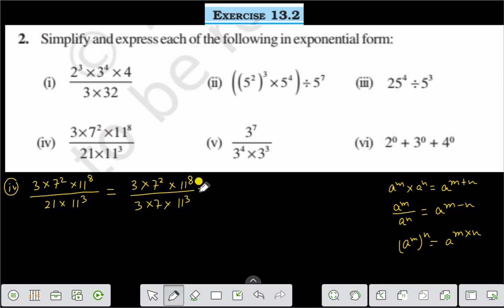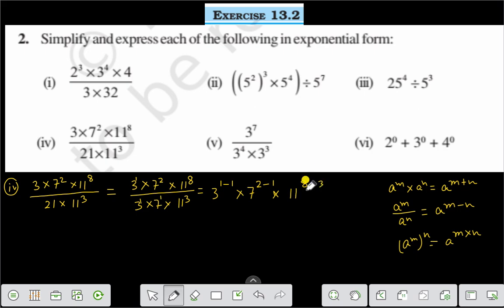This is division. That is 3 to the power 1. Here it is 1. It is also 1. It is also 1. That means we can write 3 to the power 1 minus 1, multiplied by 7 to the power 2 minus 1, and into 11 to the power 8 minus 3.